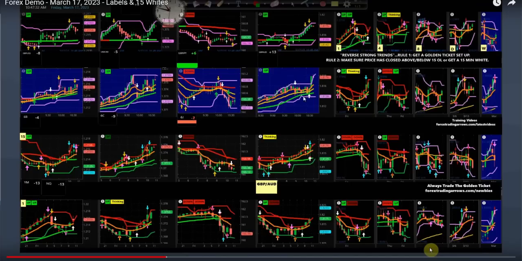UCAD's been a bit of a pain, but again, it's broke the 4-hour now. You've got a 1-hour blue. Look at the 5-minute time frame here. Chances are this blue might work now. Okay, if you're unsure, Stephanie, then there's 2 ways you can do it.